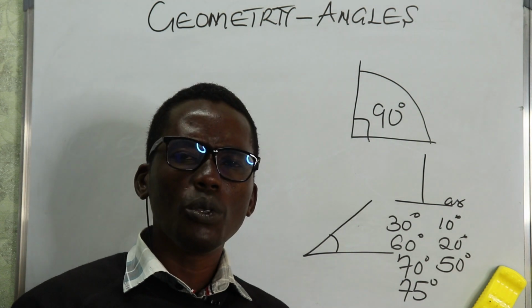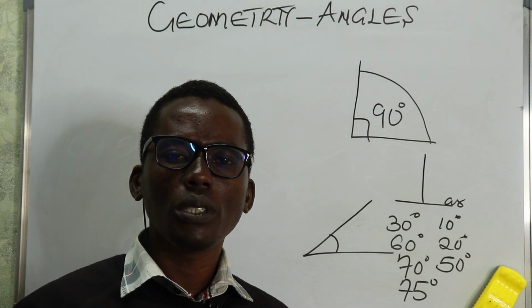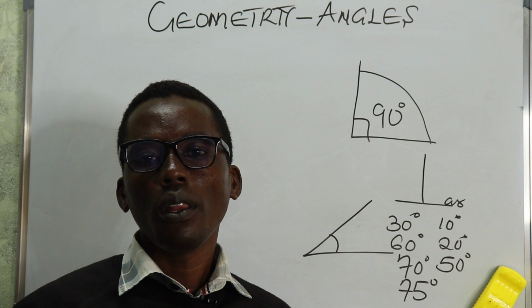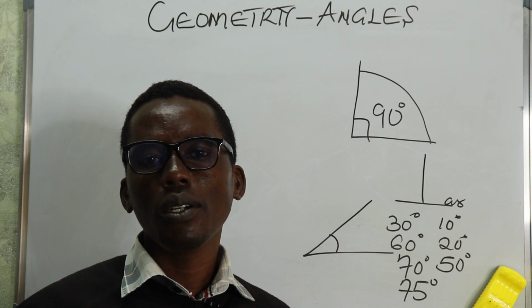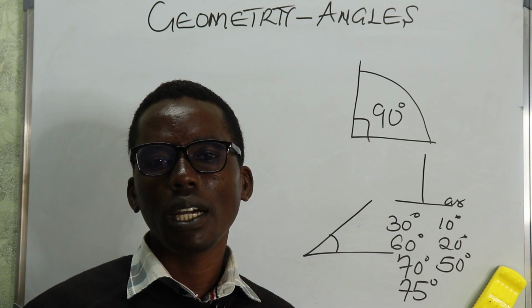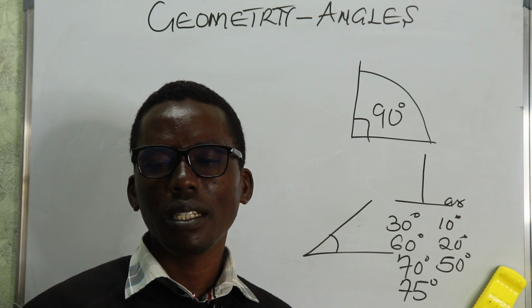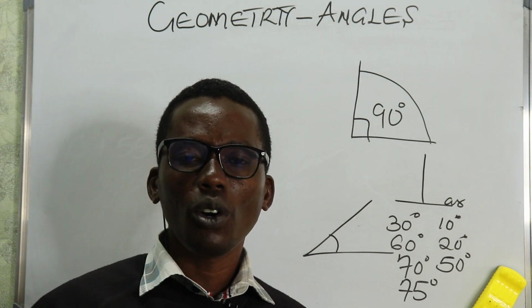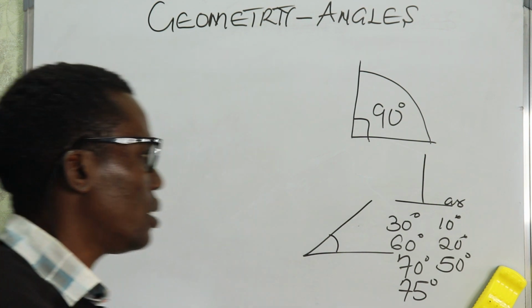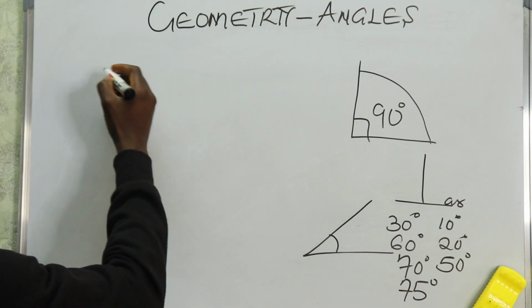Now another angle you need to get to know more about is the obtuse angle. The obtuse angles are angles that are more than 90 degrees, but they are also less than 180. That's the next angle we talk about.